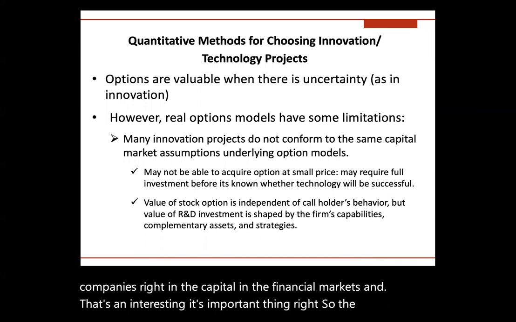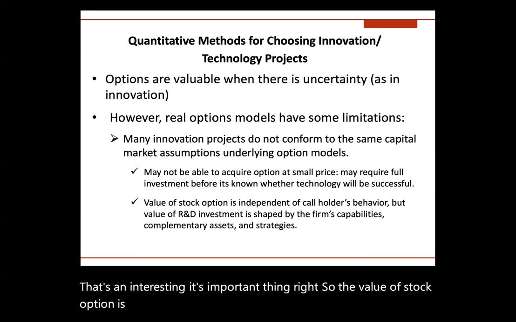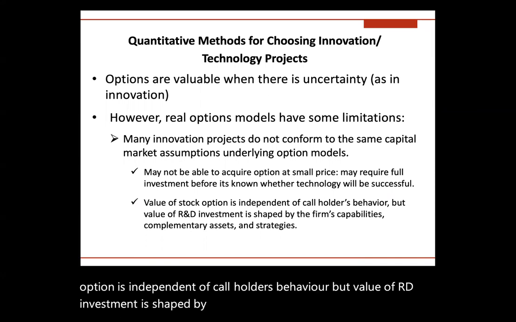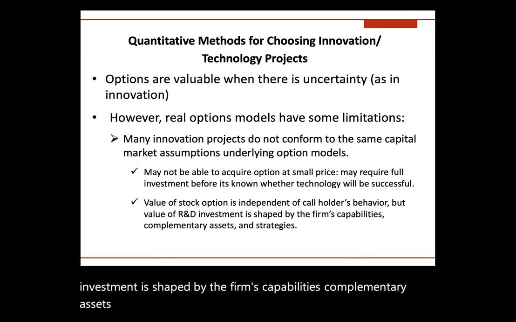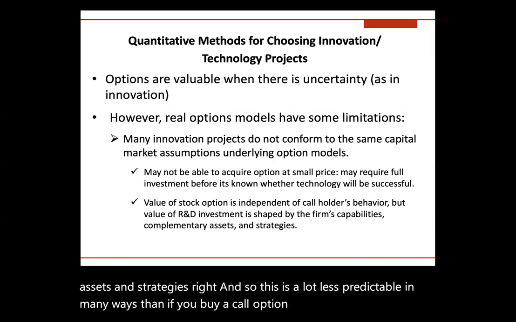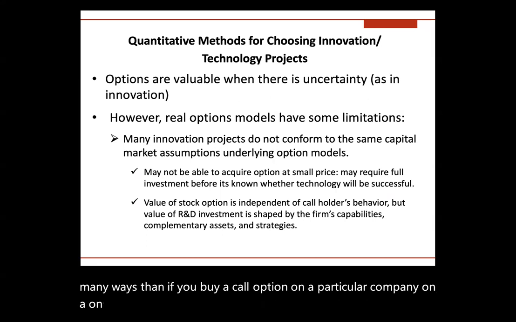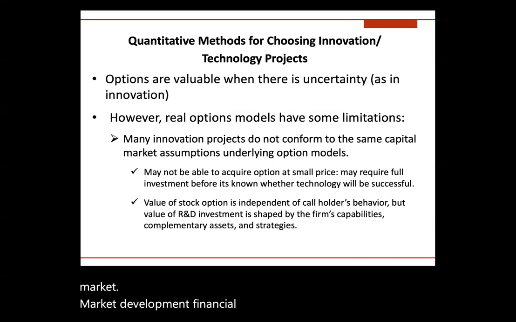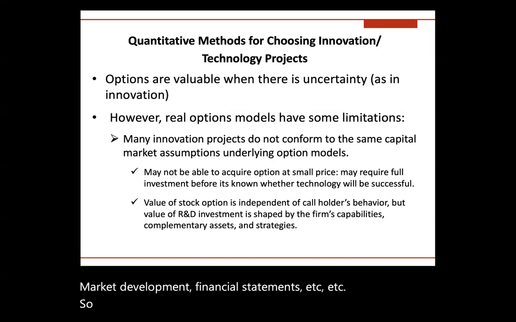So the value of a stock option is independent of call holders' behavior, but the value of R&D investment is shaped by the firm's capabilities, complementary assets, and strategies. And so this is a lot less predictable in many ways than if you buy a call option on a particular company that you assess based on market development, financial statements, etc. So in any way, I'm just demonstrating this.